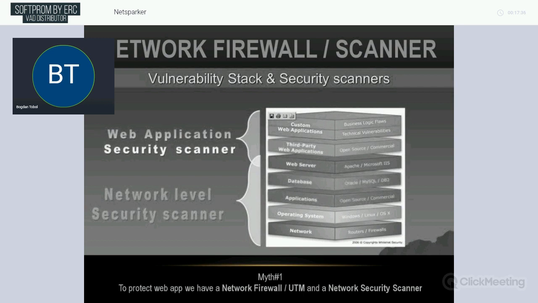It's not true, by the way. For web applications, we use network firewalls, UTM, and network security scanners, but only to check the underlying layers of the network.